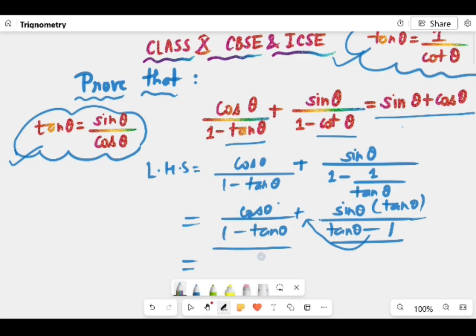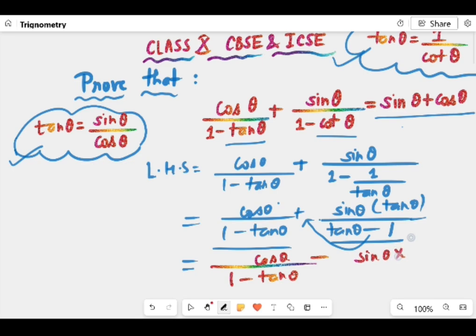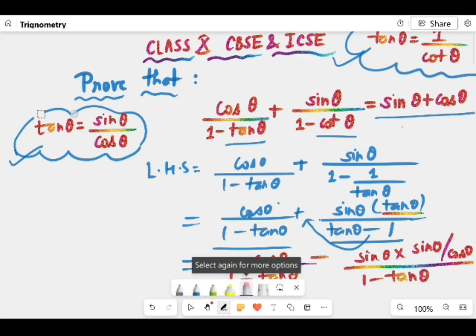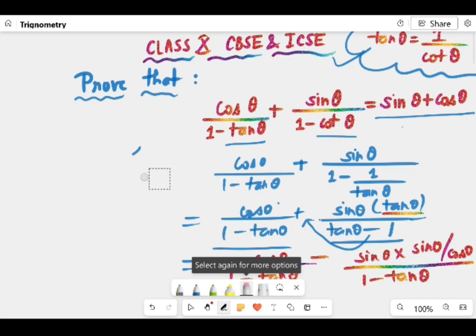Hence we will get cos theta upon 1 minus tan theta minus sine theta. This tan theta can be written as sine theta upon cos theta, and because we have taken minus common, this will be 1 minus tan theta. I'm erasing here.